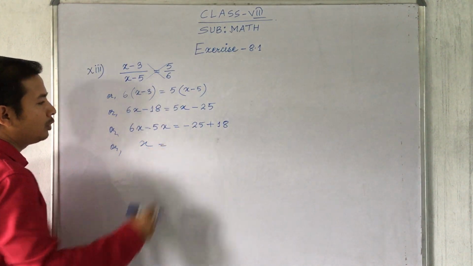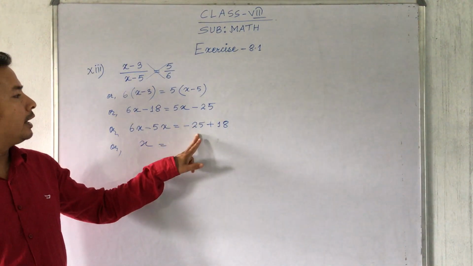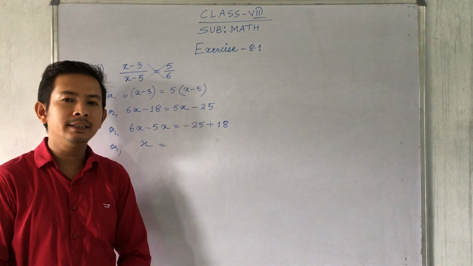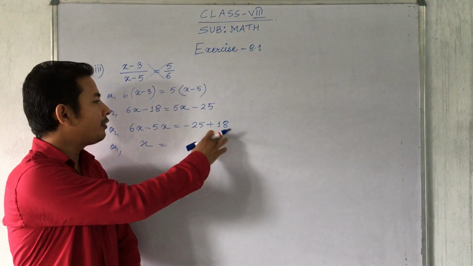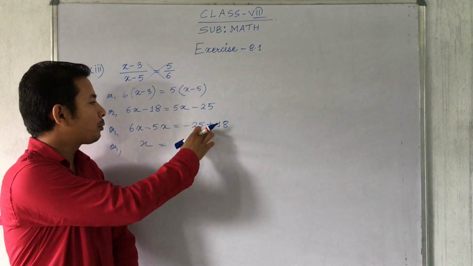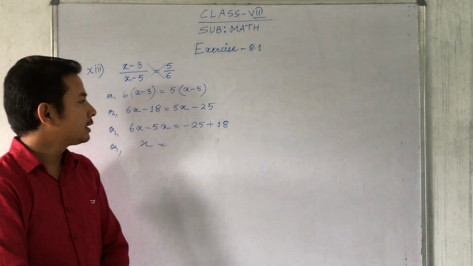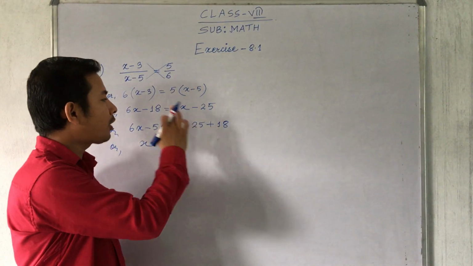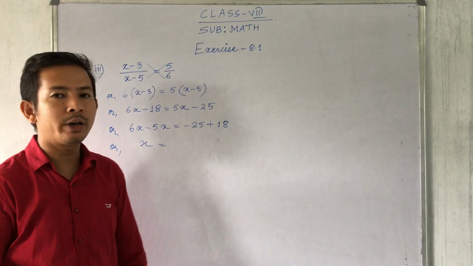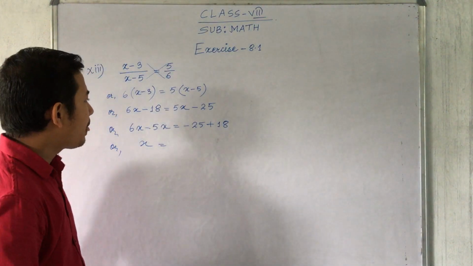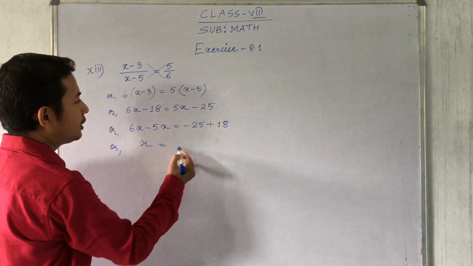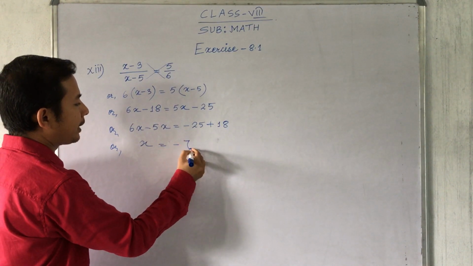X equal to, now look at here, in front of 25 there is a minus sign, right? And in front of 18 plus, so that means 18 is subtracting from 25. If you subtract 18 from 25, what will be? There will be minus 7.